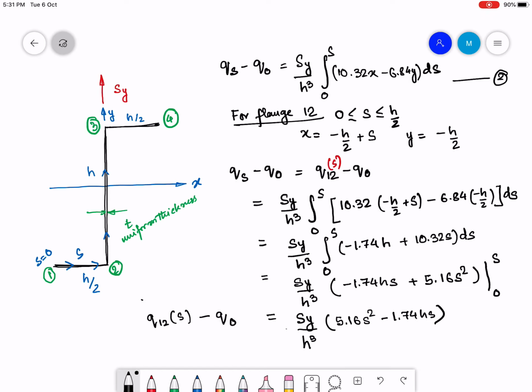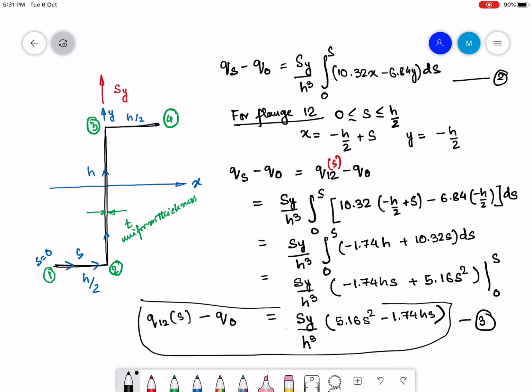This is what I have found out. Let me call it equation 3. Now my point is, what is q0? Everything is now known to me except q0.